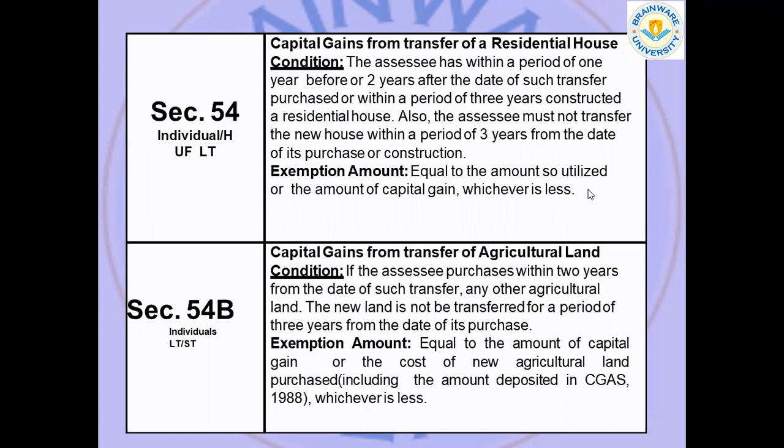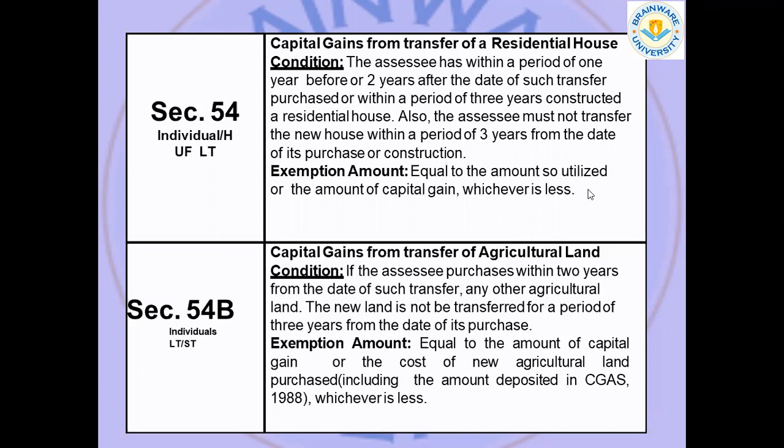Now, before starting these deductions, the first thing you have to know is what is the capital gain deposit scheme or capital gain deposit account. Suppose an assessee earned a capital gain of, say, rupees 10 lakh in 2017. If he uses that money right after getting the capital gain, that amount is eligible for income tax.